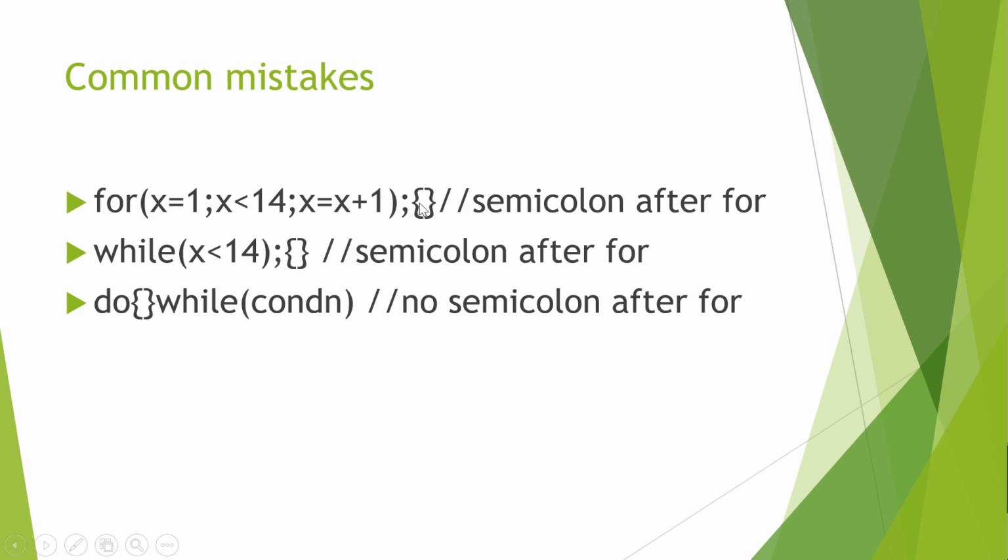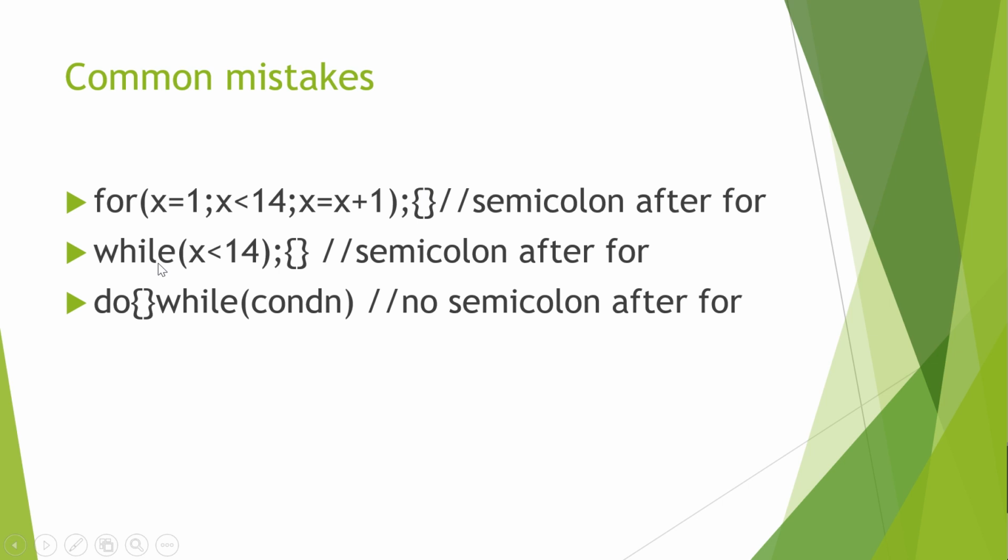Common mistakes. See, for example, for we have put semicolon is important here, semicolon is important here, but here we don't need any semicolon. If you end this, then for is terminated. If for is terminated, we will not get into the curly braces part, so the loop will not run.